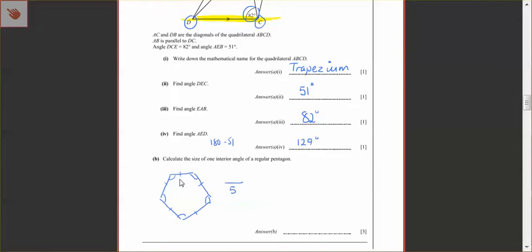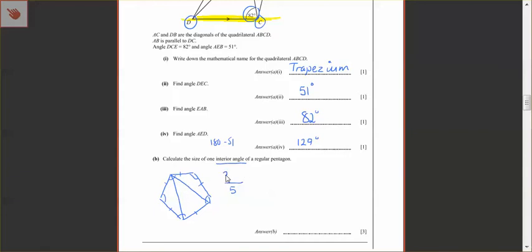It's not 360. What we have to remember is that for the interior angles of any shape, you split it into triangles. How many triangles have I got? 3.